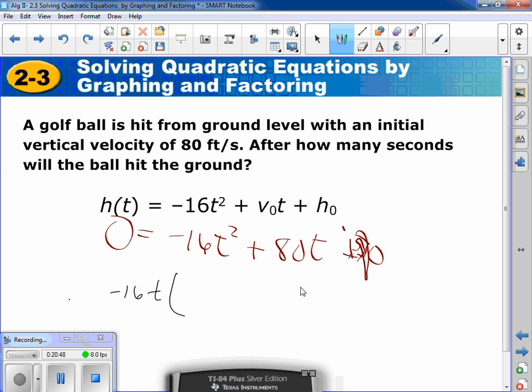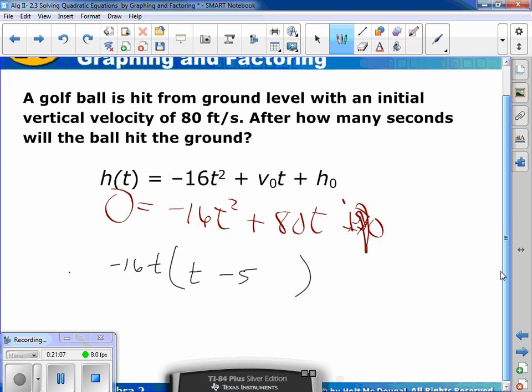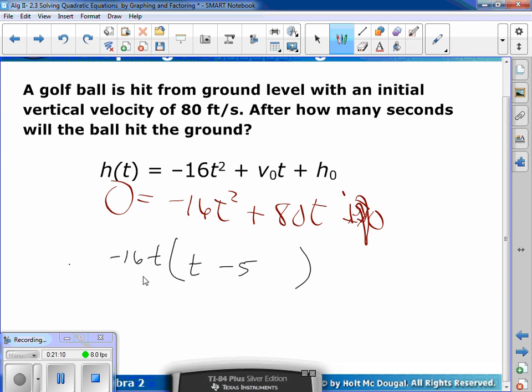If I factor out a negative 16t, what's negative 16t squared divided by negative 16t? Just 1t. What's 80t divided by negative 16t? Negative 5. Now what I want to do is find our zeros. What value for t will make this 0? 0. What value for t will make this 0? 5. What this is saying, the ball will be on the ground at 0 seconds and at 5 seconds.